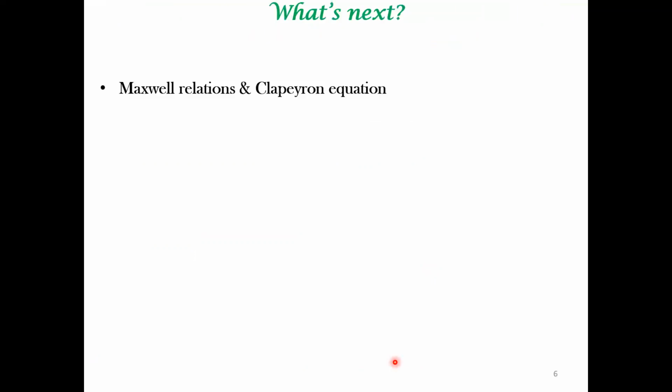In the next lecture, we will talk about Maxwell relations and the Clapeyron equation. Again, these are the practical utility of thermodynamics. We are trying to relate thermodynamics to material properties. As I said, when we introduced thermodynamics in the early part of the class, there are 2 major approaches in addressing thermodynamics.